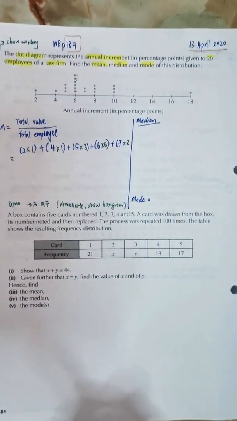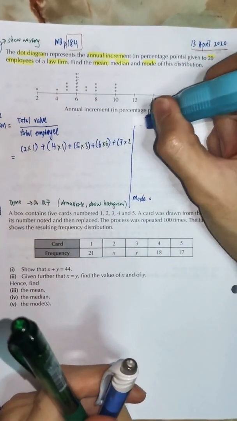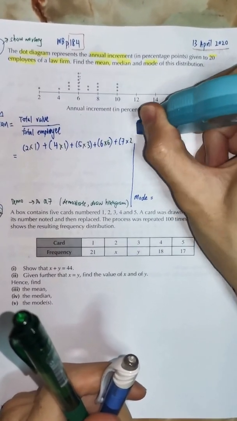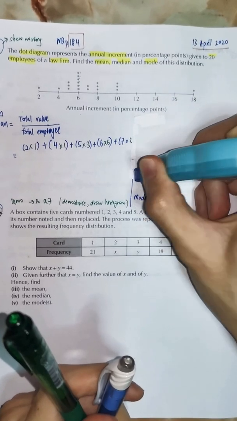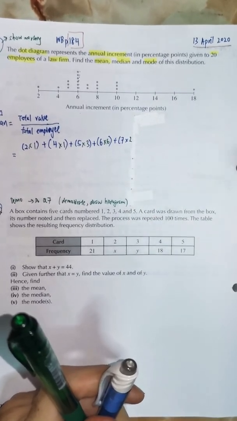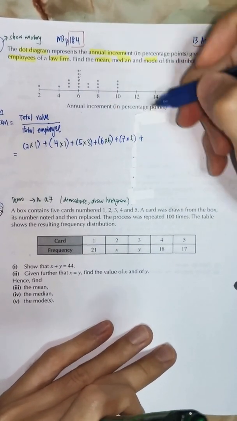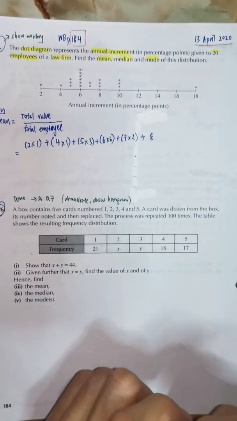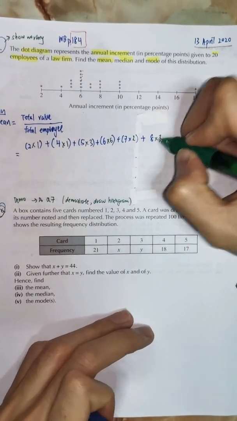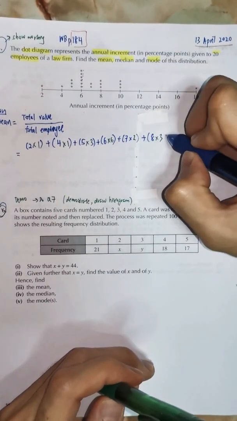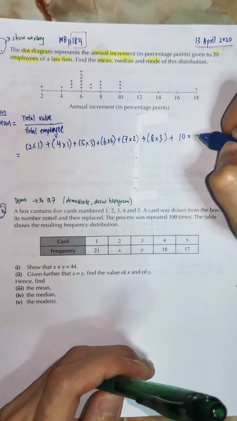Okay, let me correction tape away first since there's no space. Plus 8 times 3, plus 10 times 3.